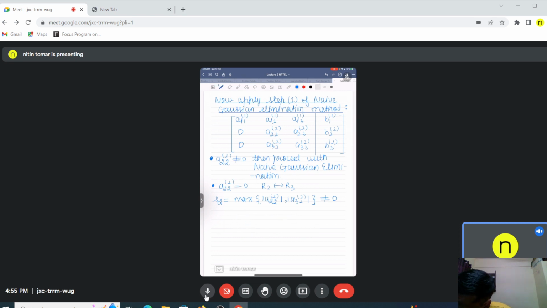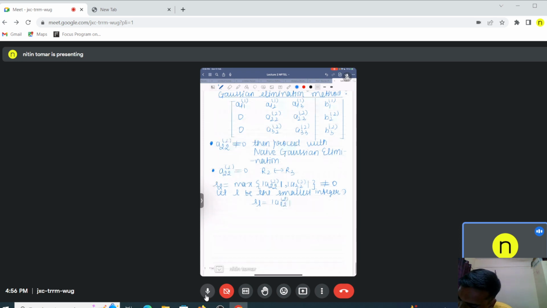So let L be the smallest integer such that SL is the modulus of AL2. Then you know what to do, correct?